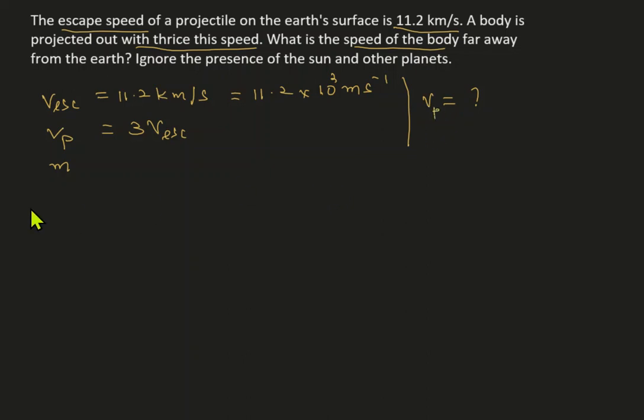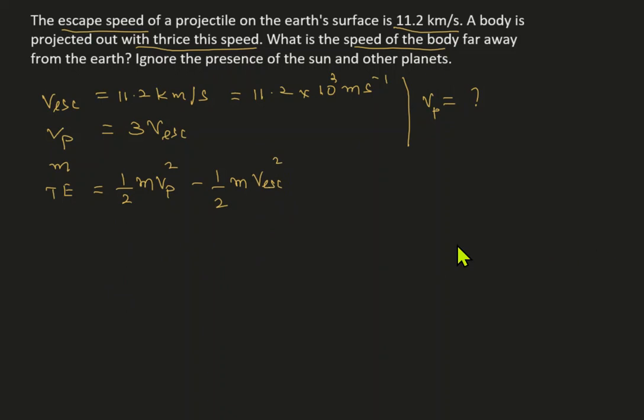We know the total energy of the projectile on the Earth is equal to half m Vp squared minus half m V escape velocity squared. So this is something concerned with the kinetic energy.